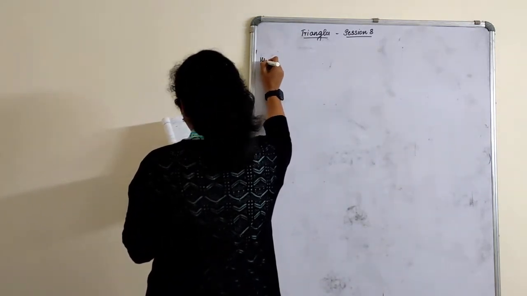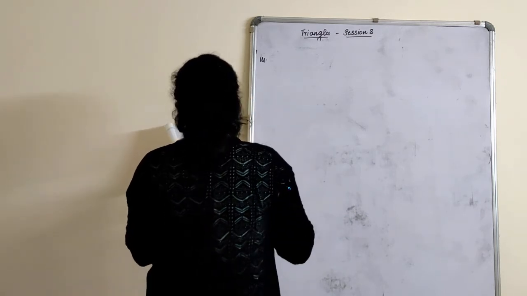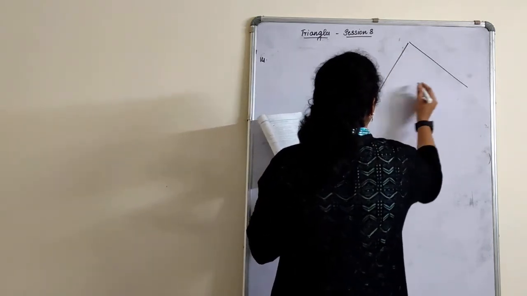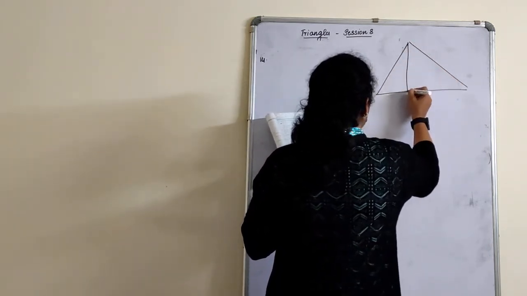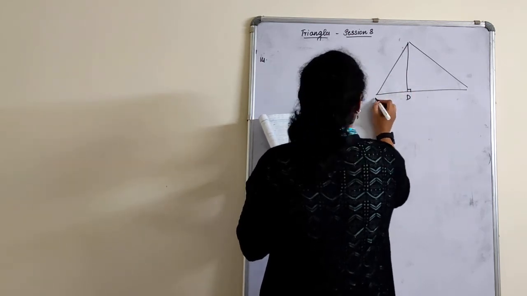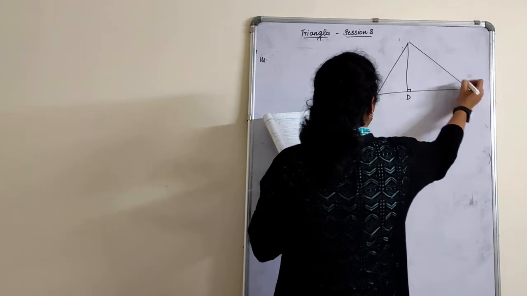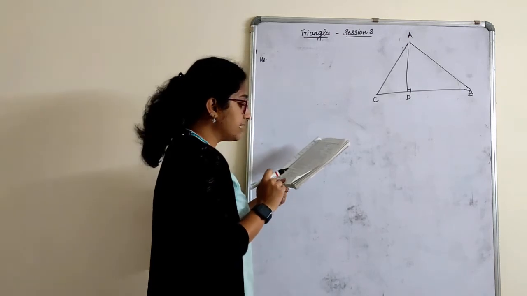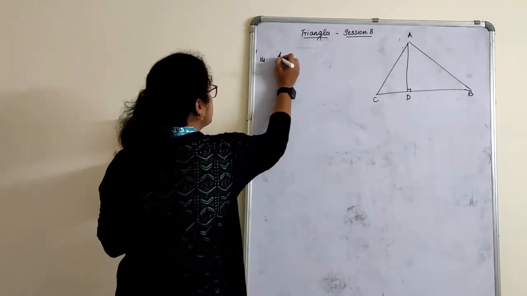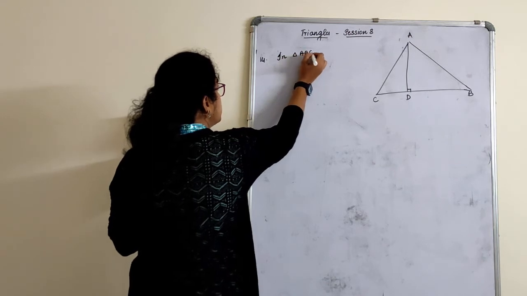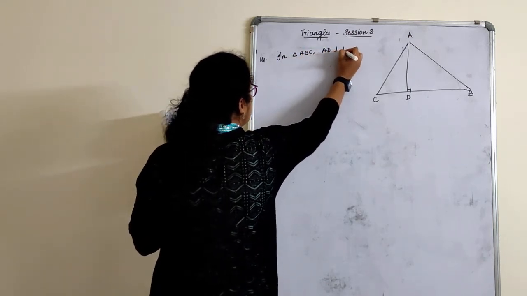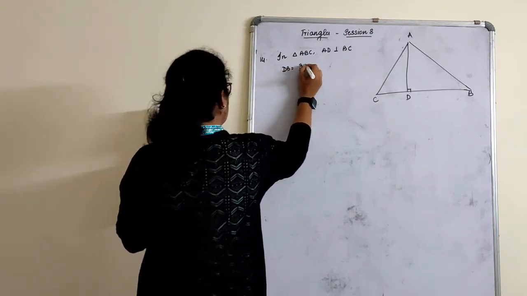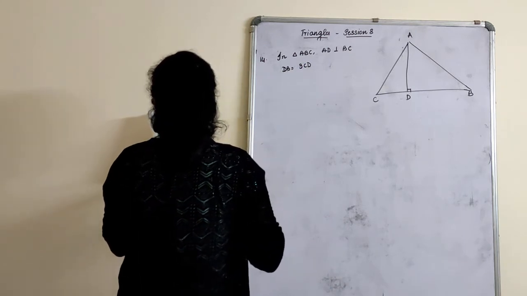14th one. The perpendicular from A on side BC of a triangle ABC. Figure is already given, so let's draw. This is the perpendicular, this is D, this is C, this is B, and this is A. The perpendicular from A on side BC of triangle ABC intersects BC at D such that DB is equal to 3 times CD.